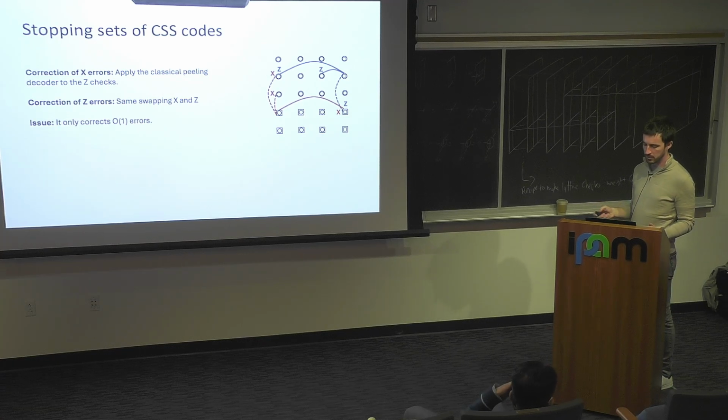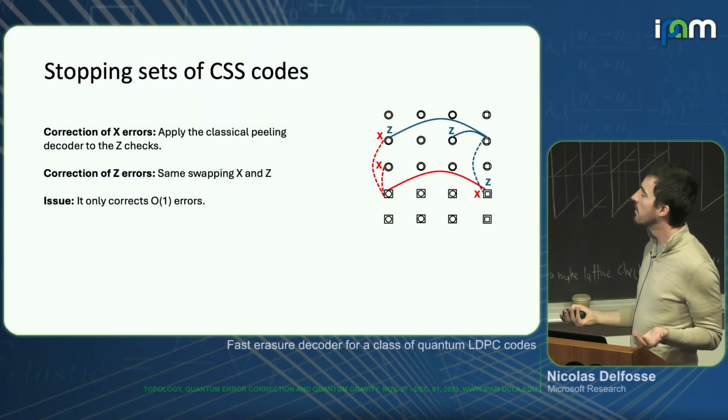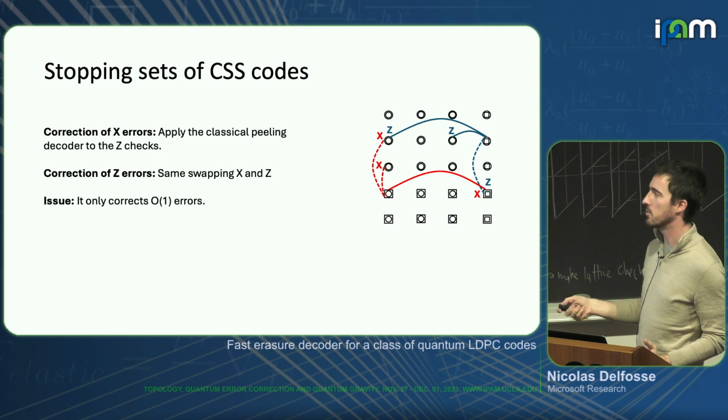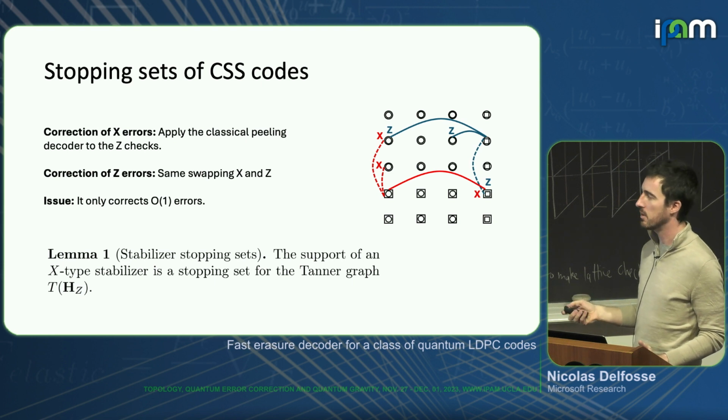And does it work? Our issue was that if we run the simulation, it corrects only a constant number of errors. It's supposed to correct square root of n errors. It corrects only a constant number, question mark.